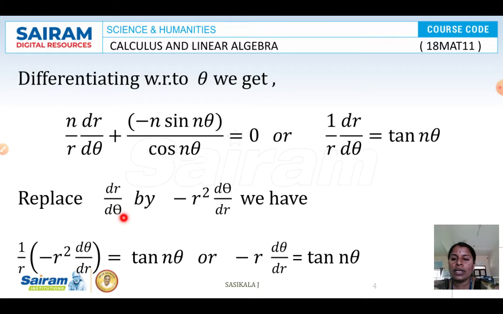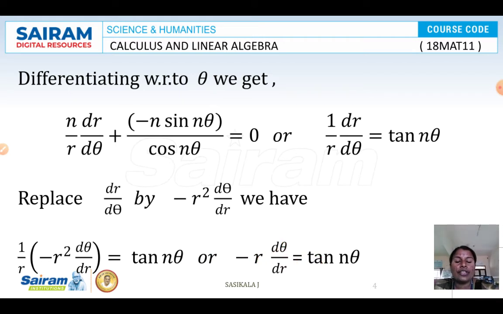Next, we replace dr by d theta with minus r square d theta by dr, as per the working rule for orthogonal trajectories. Replacing, we have 1 by r into minus r square d theta by dr. This r gets cancelled, so we have minus r d theta by dr is equal to tan n theta.